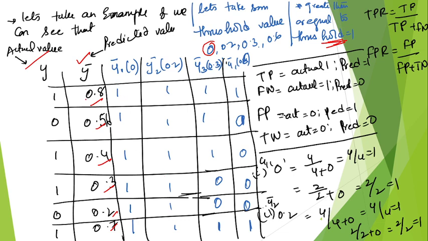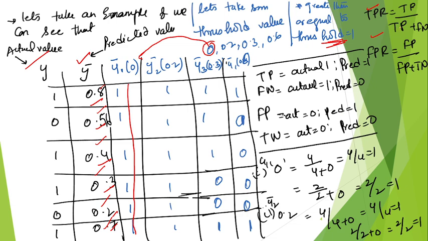All predicted values are above 0, so all become 1. So with my threshold value 0, all predictions become 1. Then we have to calculate TPR and FPR. What is TPR?